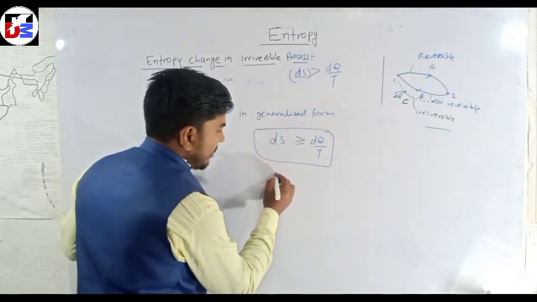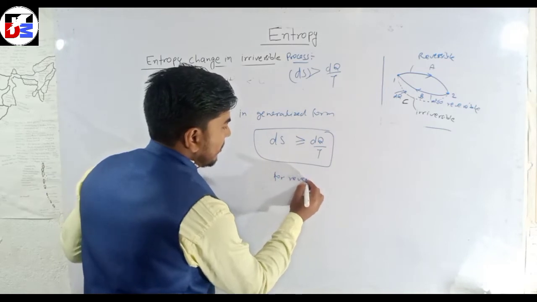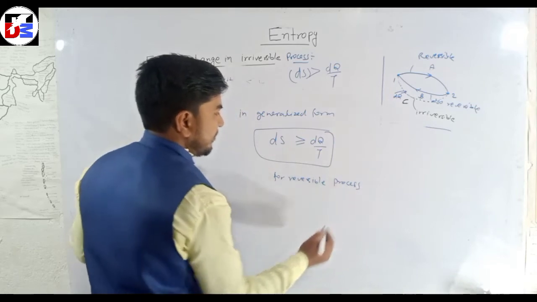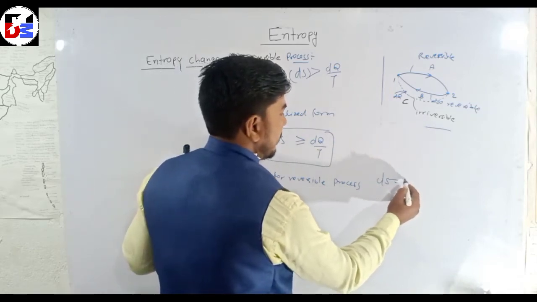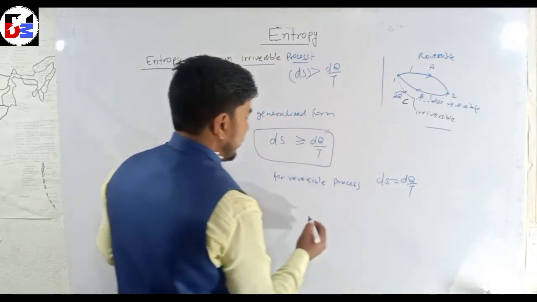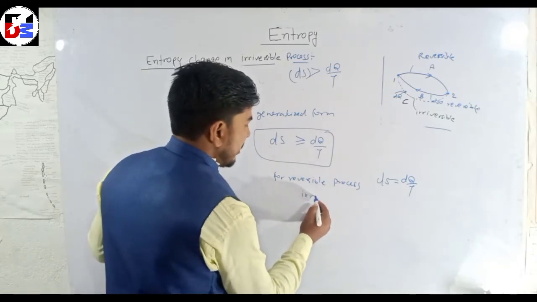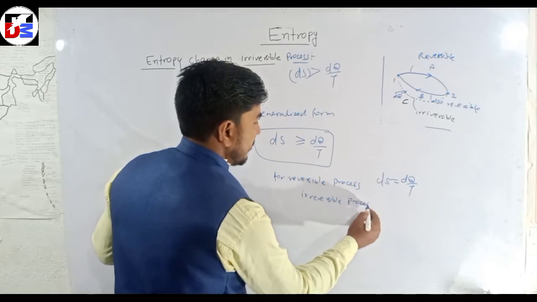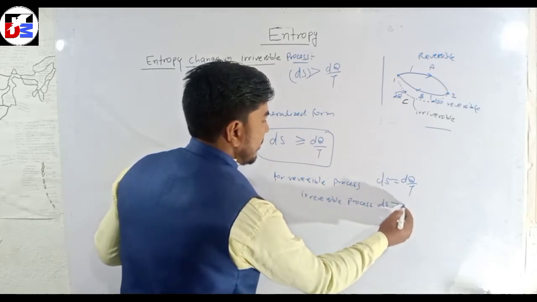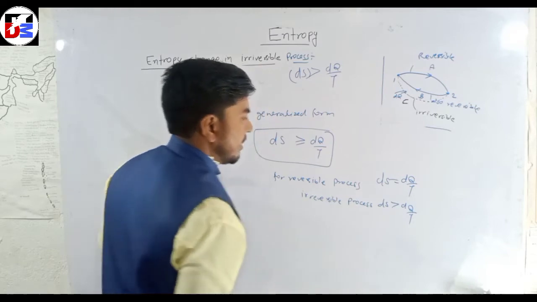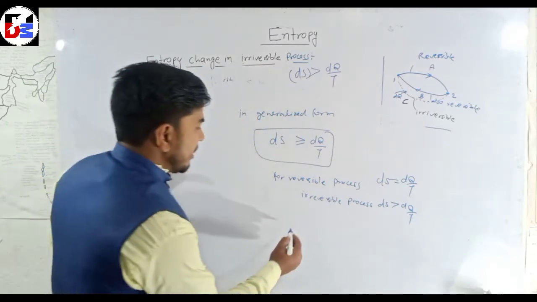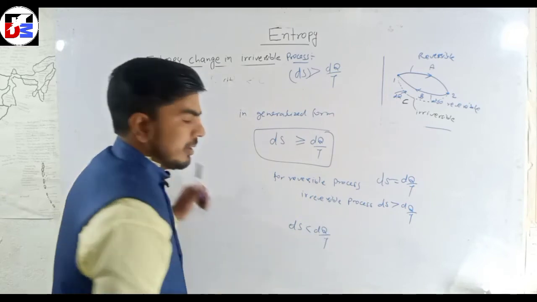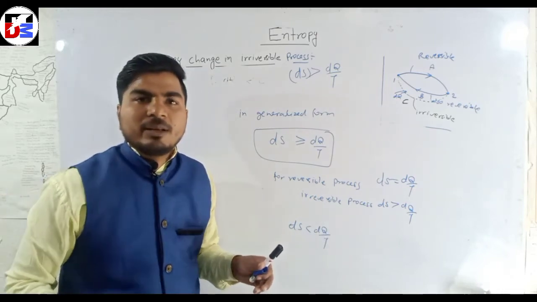For a reversible process, dS is equal to dQ by T, and for an irreversible process, dS is always greater than dQ by T. If in any calculation dS is less than dQ by T, then that process is not possible.